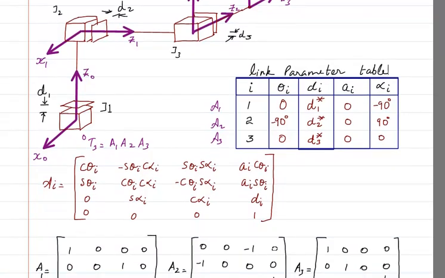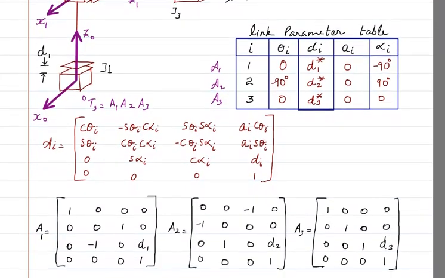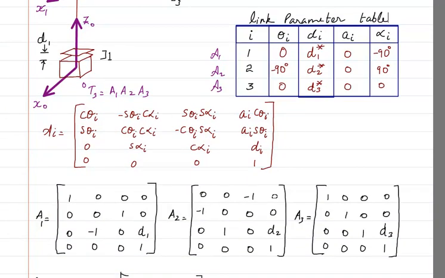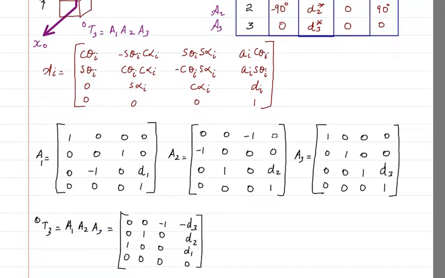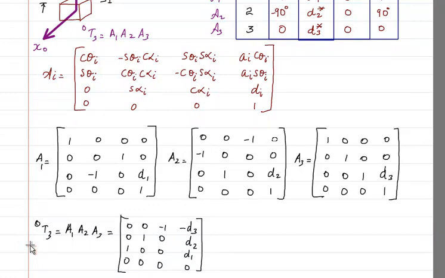If you remember, we did this exercise, and using the Ai matrix we found A1, A2, A3, and then finally the total transformation matrix. We are interested here in the rotation matrix, which is the 3 by 3 matrix from this transformation matrix. So the same procedure is used. What we are interested in is A1, A2, A3 using this equation.